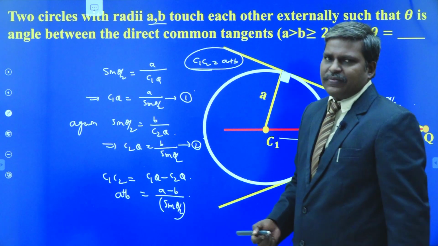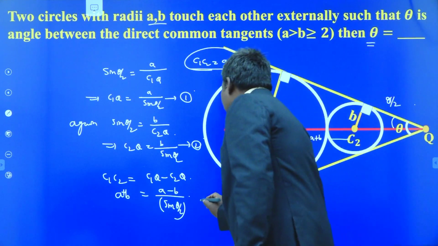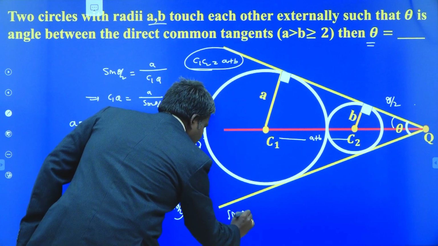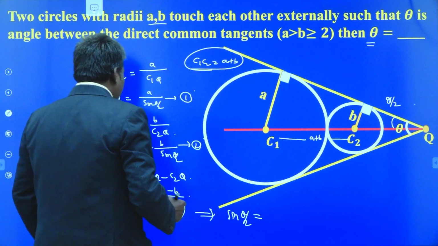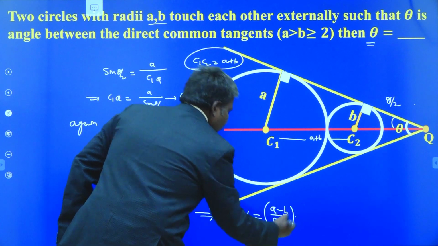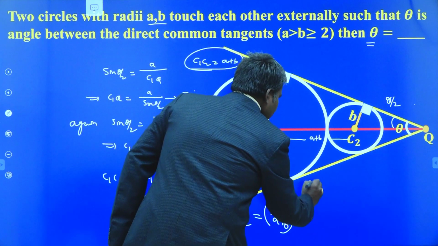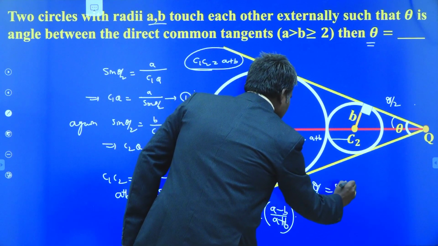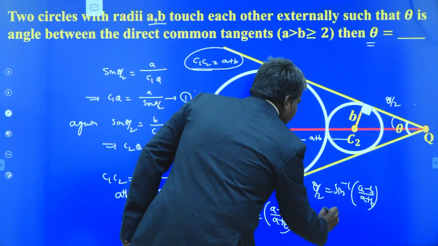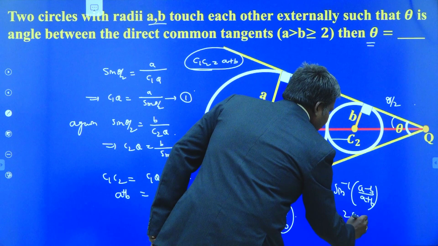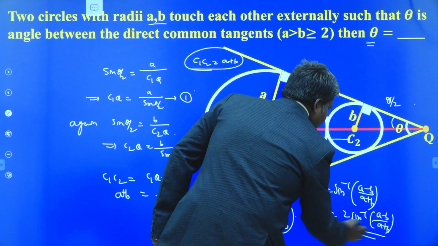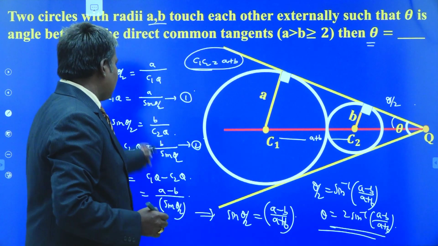From this equation itself, can I find theta by 2 or not? What about my sin theta by 2? Sin theta by 2 is equal to A minus B by A plus B. Theta by 2 is nothing but sin inverse of A minus B by A plus B. Or theta is equal to 2 sin inverse of A minus B by A plus B. In this manner, we can crack this one.